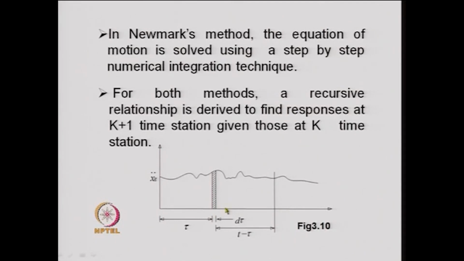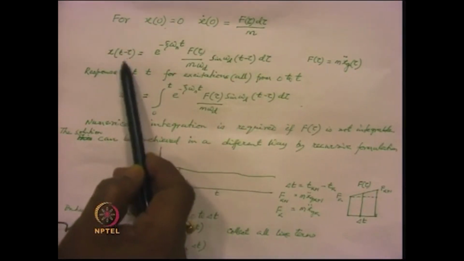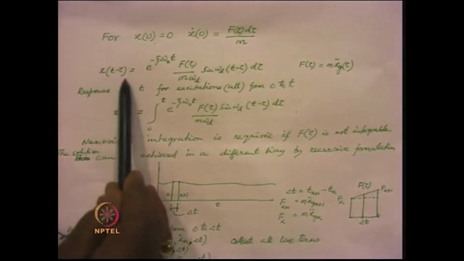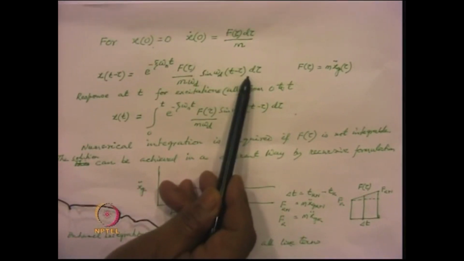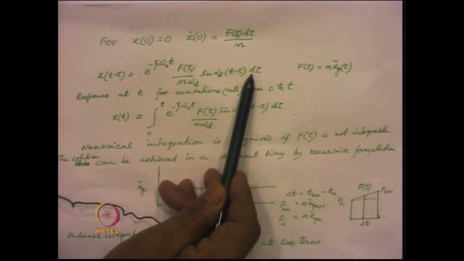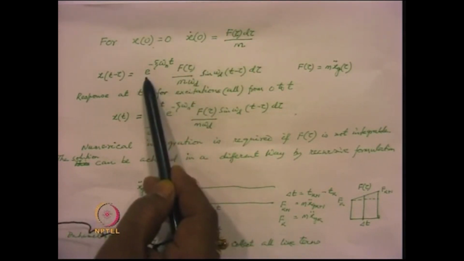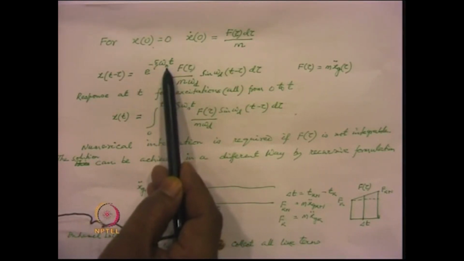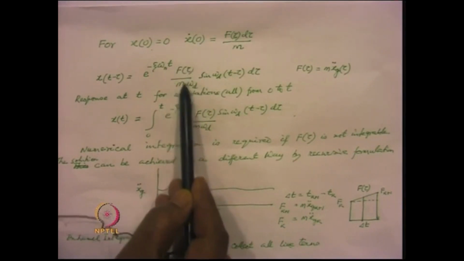This is a standard equation, that is, x(t minus tau), the response at time t, and this is given as e to the power minus xi omega n (t minus tau), and this is the velocity part.